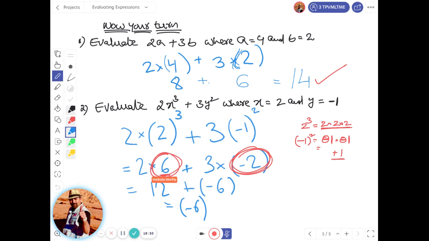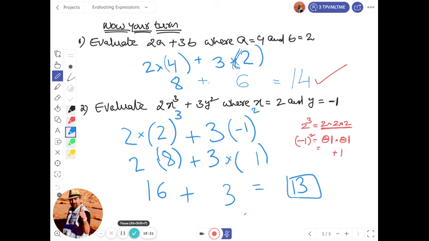Again, I am repeating, when you take 2 cube, it is not 2 times 3. When you take 1 square, it is not 1 times 2. There are two possible errors. If you made this mistake, please fix it.